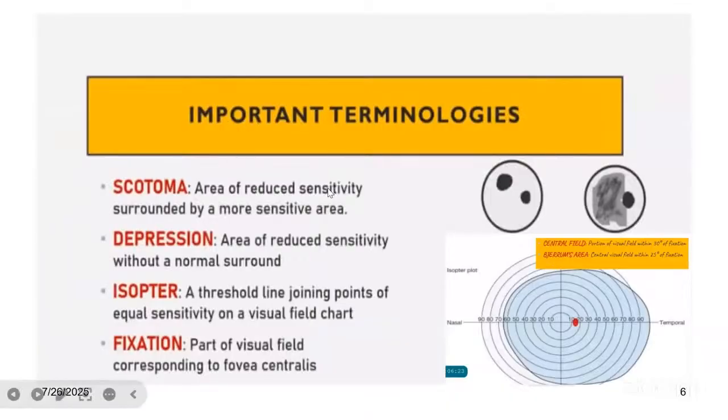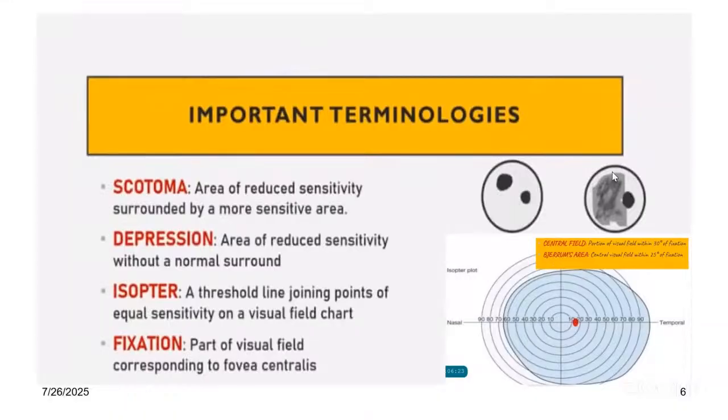So there are some important terminologies we should be aware of. For example, a scotoma is an area of reduced sensitivity which is surrounded by a more sensitive area. This is an example of a scotoma in a field of vision, and it can either be absolute or relative. An absolute scotoma is a total area of no vision, surrounded by a sensitive area.